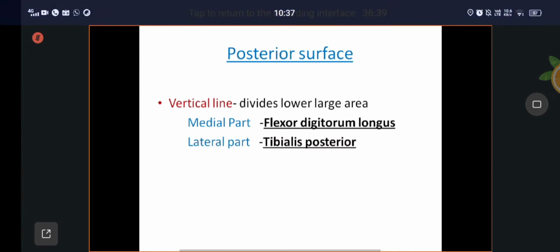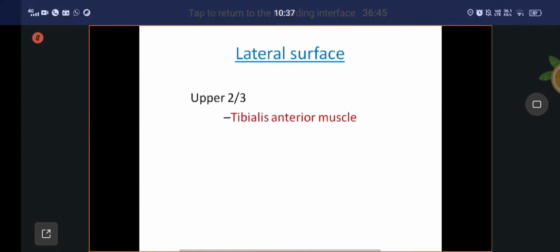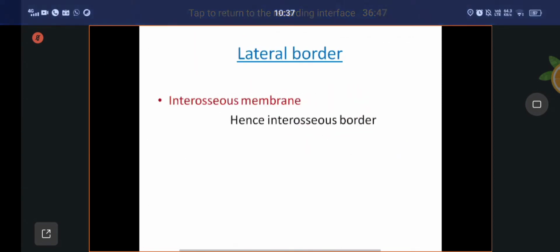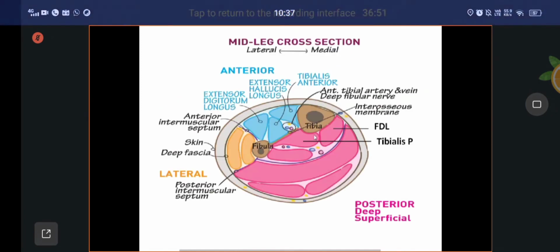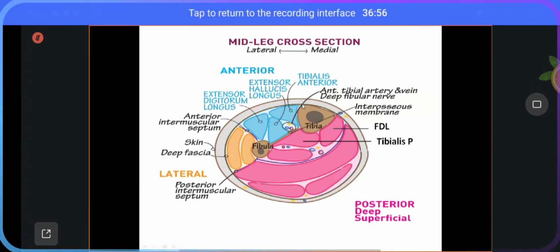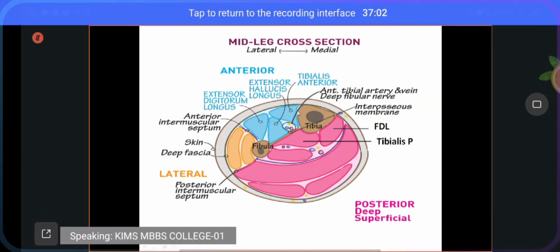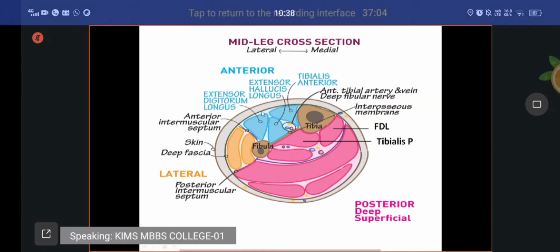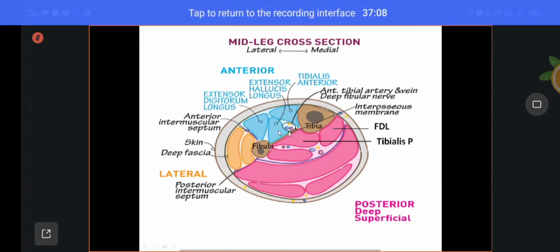After knowing the three borders and three surfaces, you should know which borders and surfaces are related to which compartment. That is very, very important. In this picture, I will show you. This is the anterior border, this is the lateral border, and this is the lateral surface.